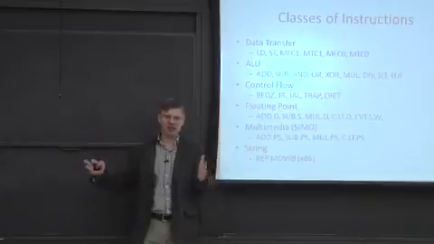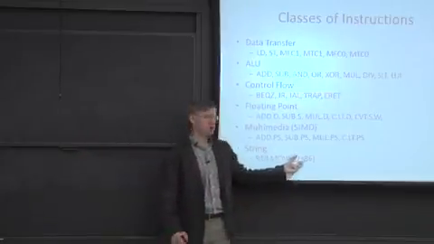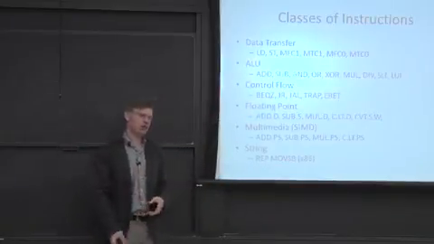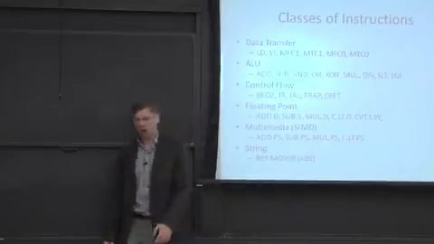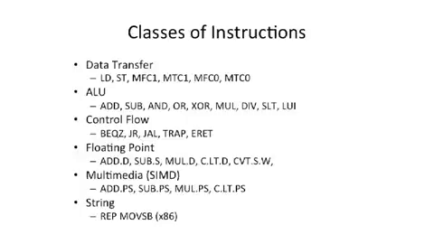So if you have some text and you want to copy it to another piece of text, you can do rep movsb and set up a number and it'll actually copy. This is the moral equivalent of something like strncpy. So you can do that all in one instruction. So in addition to these complex string operations, things like rep movsb, there were sort of old jokes about adding more and more instructions and having really complex instructions.